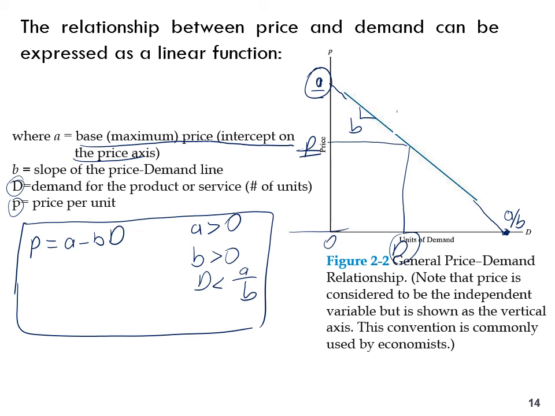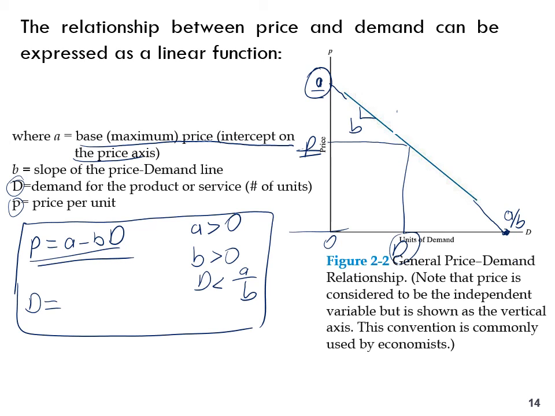And from here, in fact, we represented the price as a function of D, but we can also represent D as a function of price, demand as a function of price. And how do we do that?